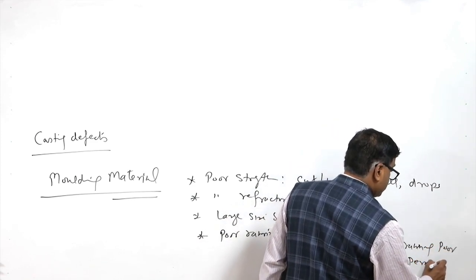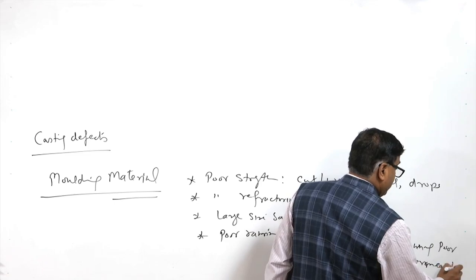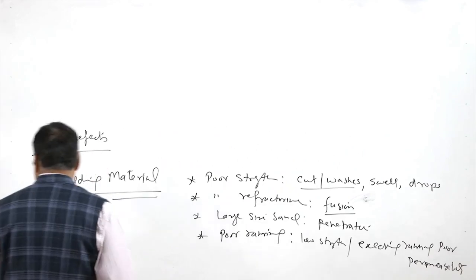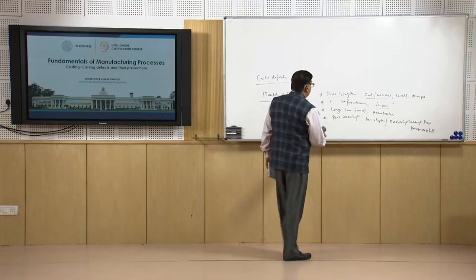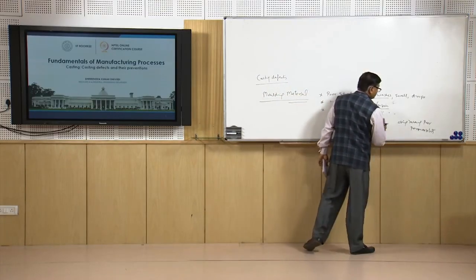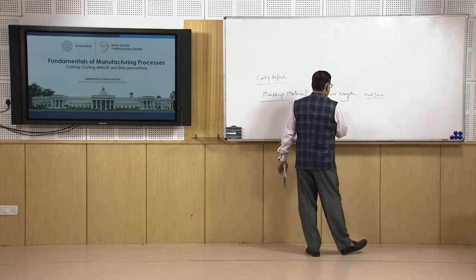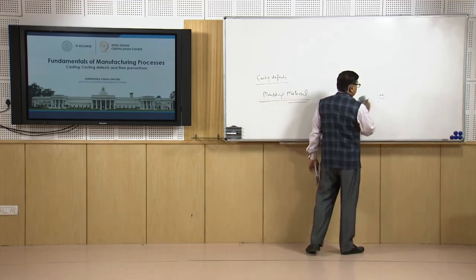So, the ability of the mold to let the gases escape is reduced due to the excessive ramming. So, these are some of the ways by which poor molding can lead to defects in the casting.